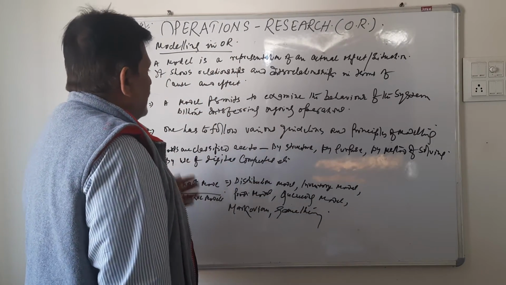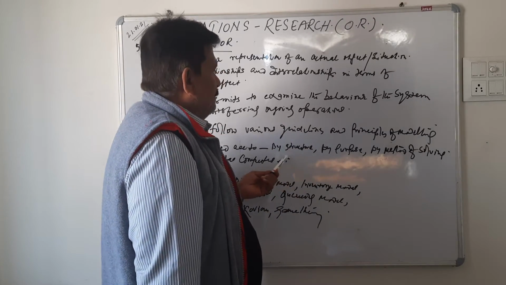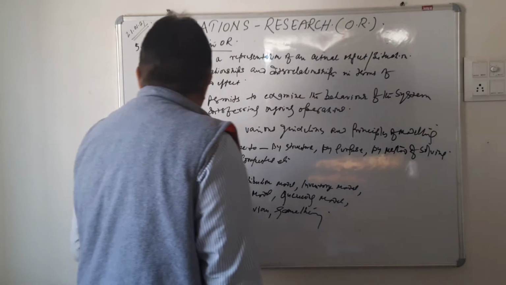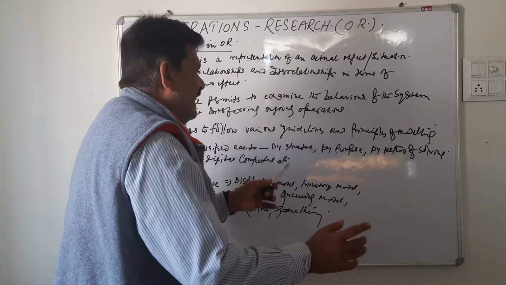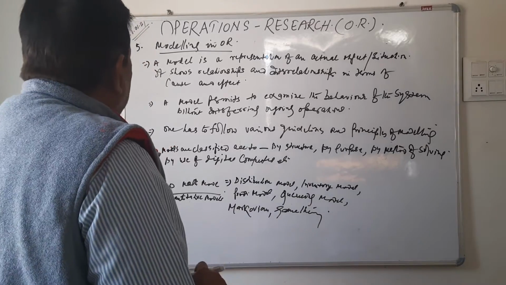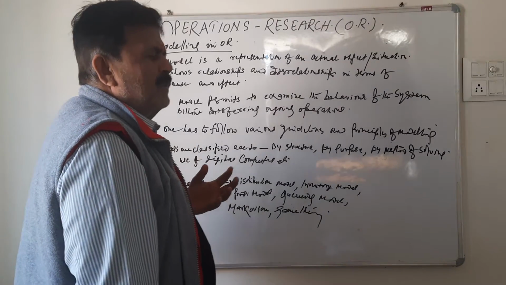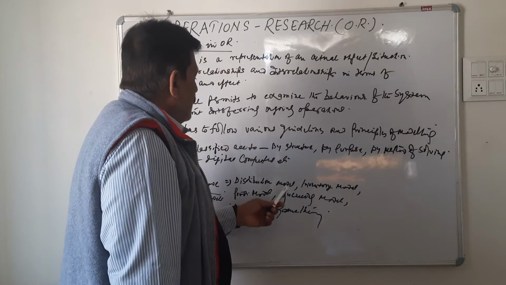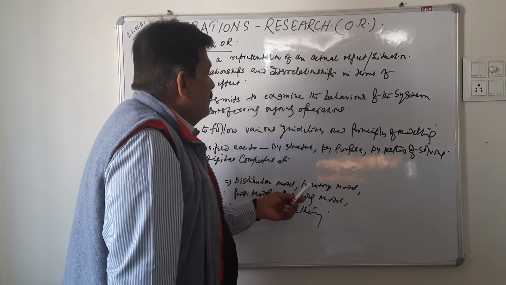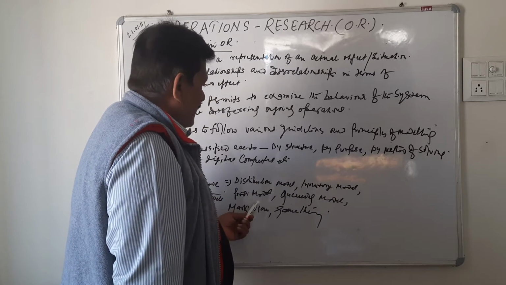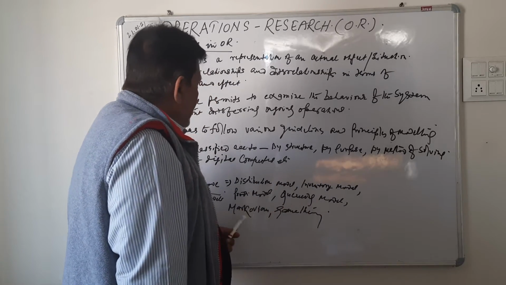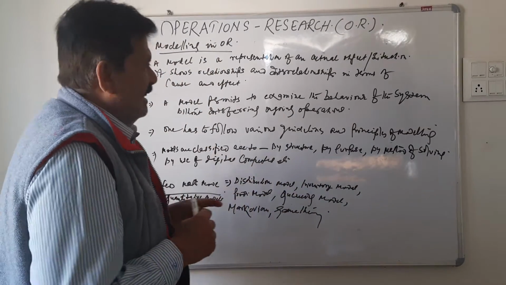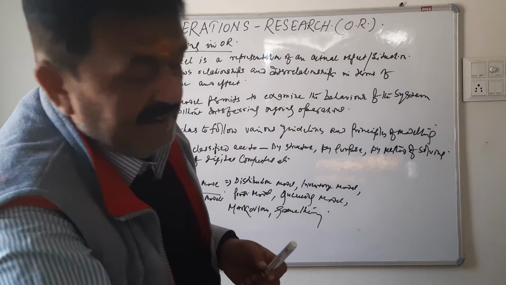Models can be classified by structure, by purpose, by method of solving, by use of digital computers, etc. As of nowadays, a few quantitative models which are most rampantly used in OR research are the distribution model or allocation model, inventory model, production model, queuing model, Markovian model, game theory model, and networking model. So these are the various mathematical models that are used in OR teams as of now.